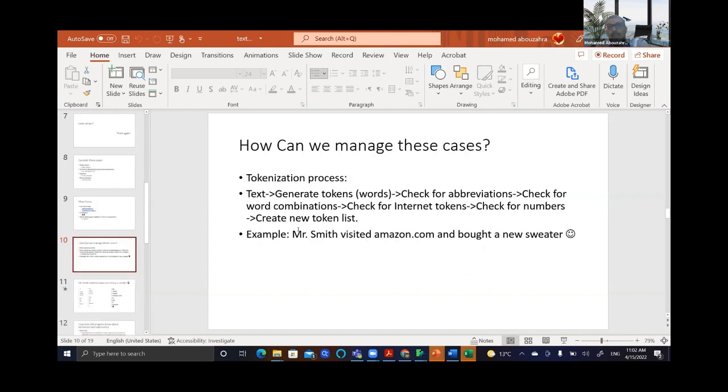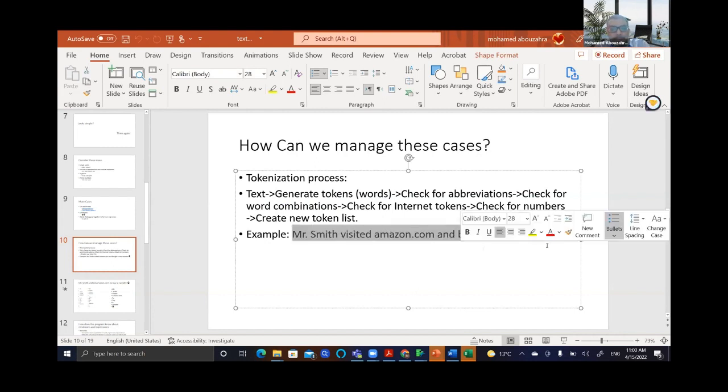To manage this, we have to change the tokenization process a little bit. Instead of going only one round on the data and separating by separators, we go through multiple rounds on the data. For example, look at this example: "Mr. Smith visited Amazon.com and bought a new sweater," and then an emoticon at the end.